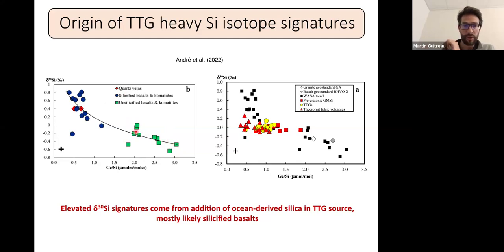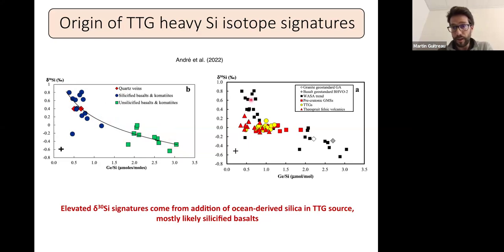And if you silicify these basalts and komatiites, you will increase their isotopic composition, as you can see here. And when you analyze quartz veins in the silicified areas, you can see that they're heavy compared to the bulk silicate earth and compared to the unsilicified basalts.